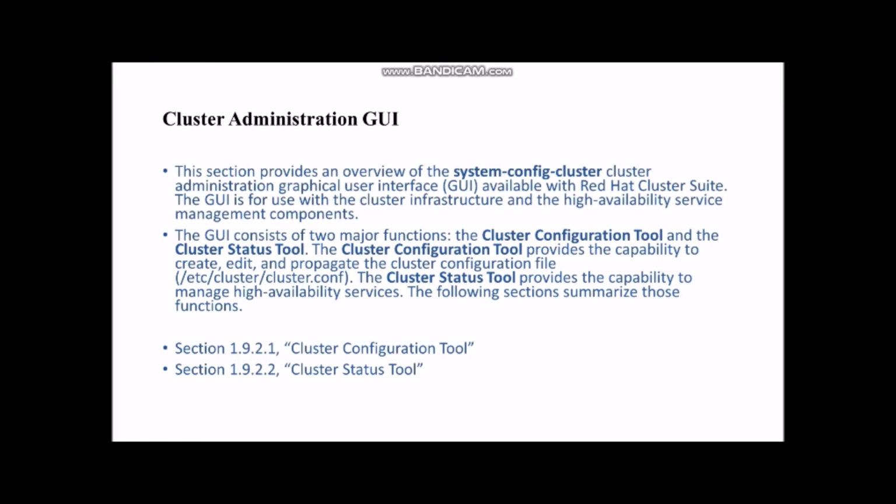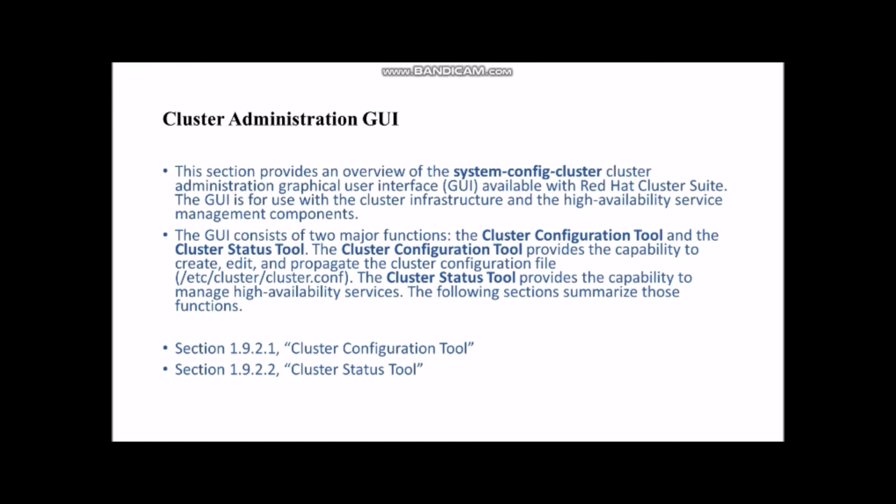Cluster Administration GUI. This section provides an overview of the system-config-cluster administration graphical user interface available with Red Hat Cluster Suite. The GUI is for use with the cluster infrastructure and the high availability service management components.